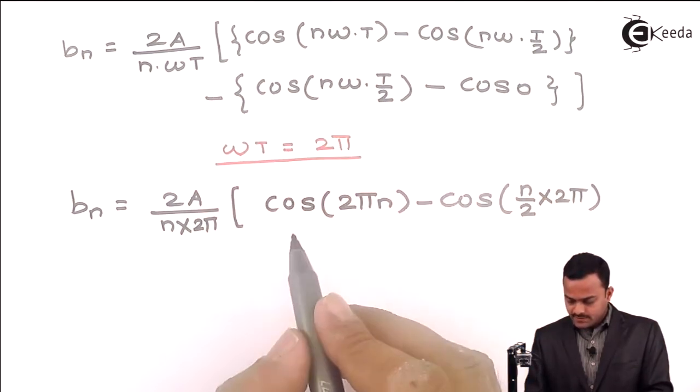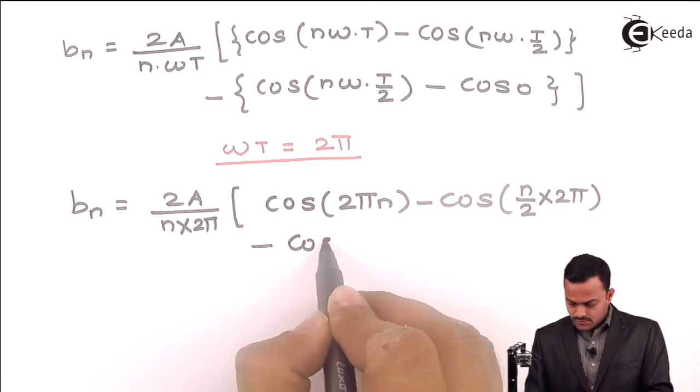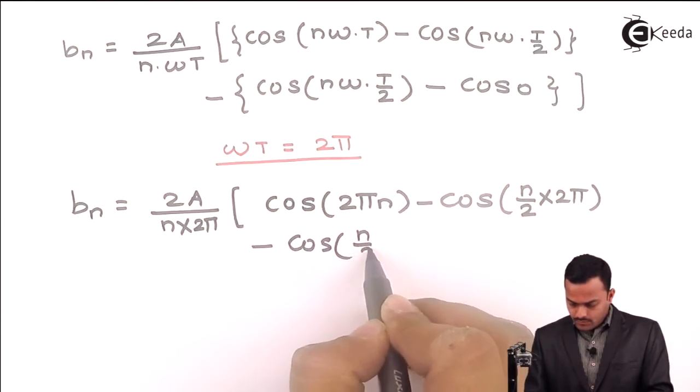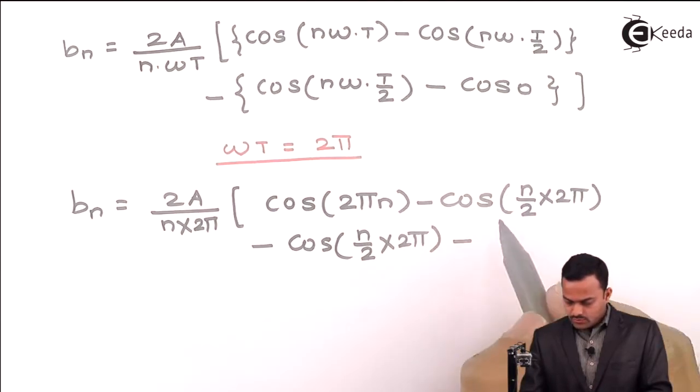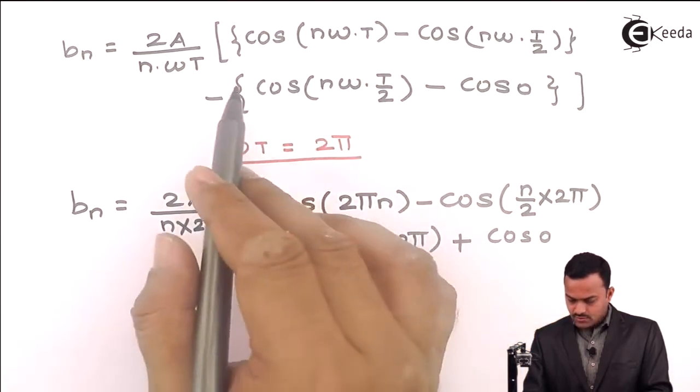Let's open this bracket. So minus cos n by 2 into 2 pi, and finally cos 0, which will come as plus cos 0.